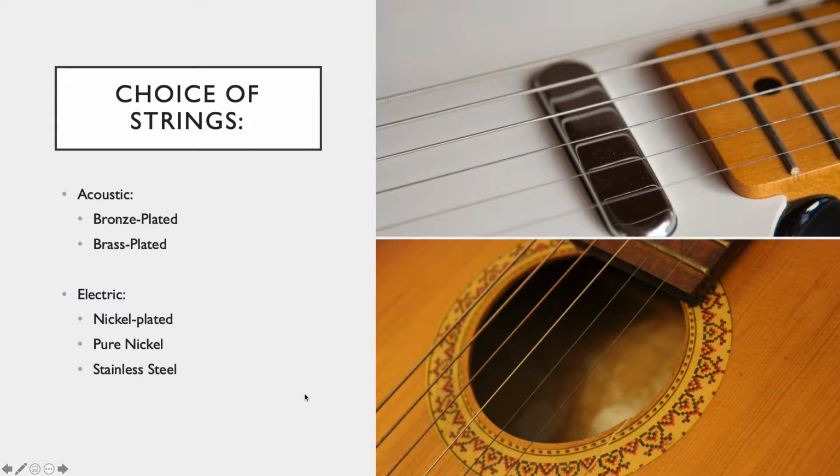The reason why is because of the magnetic properties of these metals. Again, we're going to start off really slow, so I apologize if it's too slow, but for now that's all we have to know. We'll soon see why this is the case, but for now just know that electric guitars require specific metallic strings for them to work.